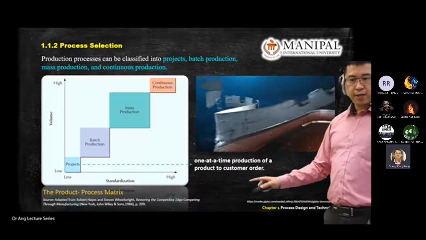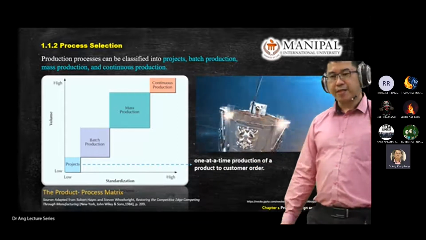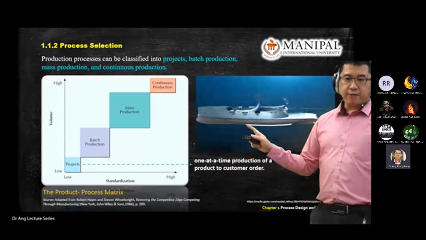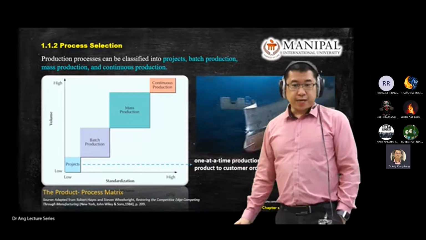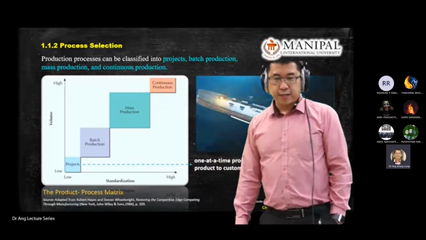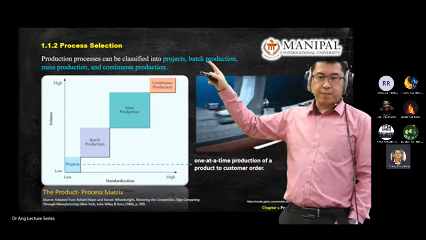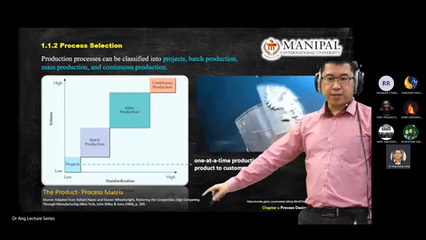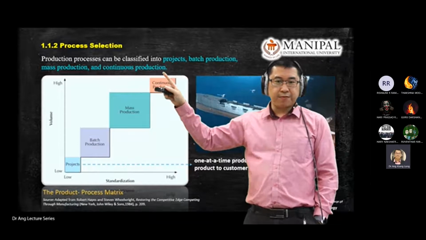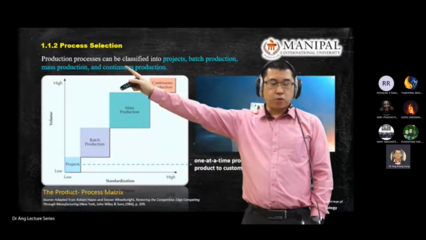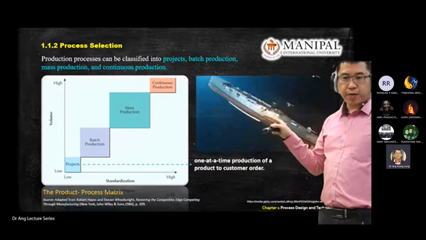Now, how will these slides help you in tests? I'll give you an example. By using the product process matrix, give an example of a project. Give an example of batch production. Give an example of mass production. Give an example of continuous production. You need to give an example of the production process. I gave you one already.